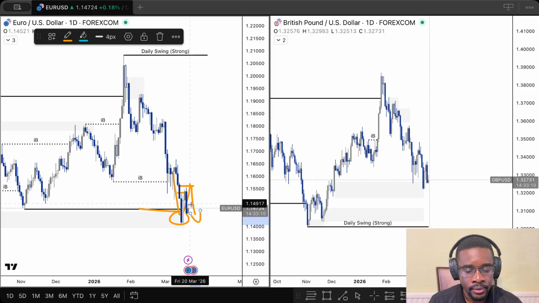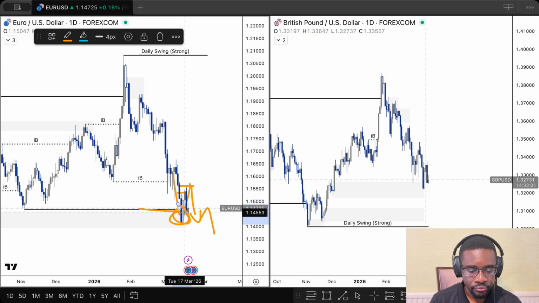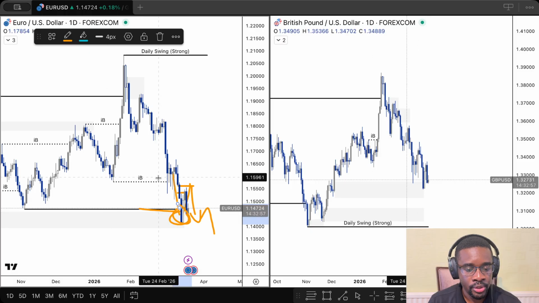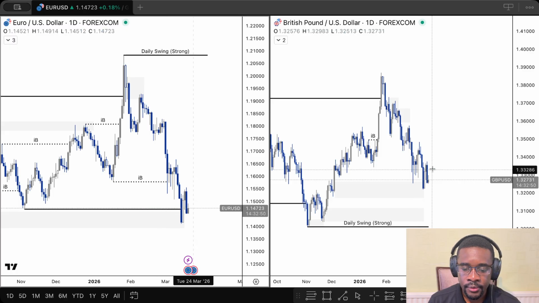So it is likely that price could still continue bearish. So this is sort of signaling a trend change. This could be the start of the trend change from bullish to bearish. So this is on the daily.